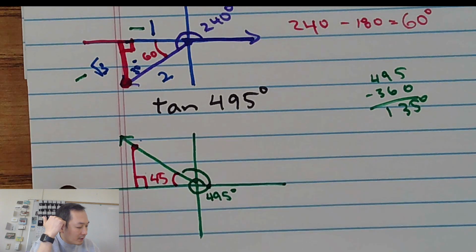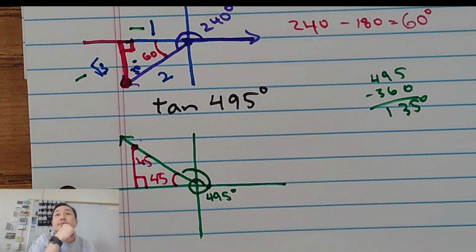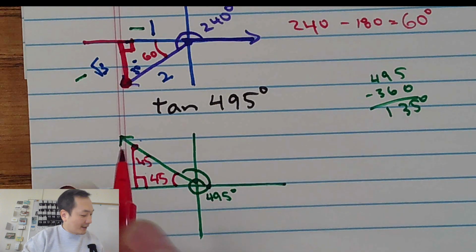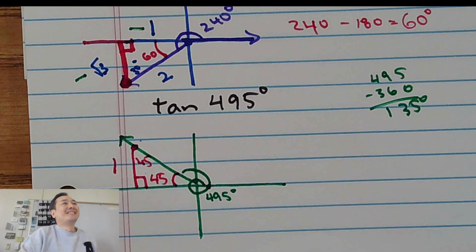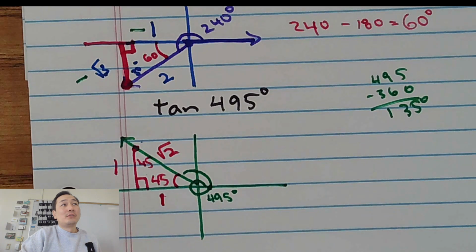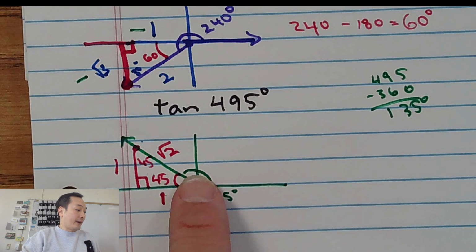That's a 45, so this is a 45, so that's a 90. What is the most reduced version of that, the ratio of the sides? 1. Okay, I give you 1. 1, what is this one? 1, rad 2, right? Because then this is a 45, 45, 90.